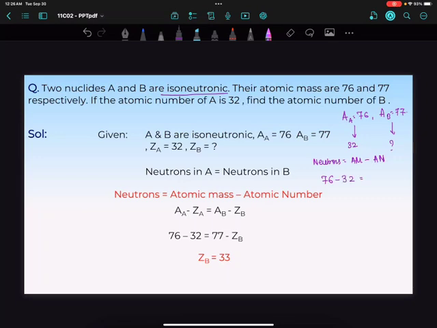We will be equating both, in which here it is 77 minus X. So 76 minus 32 comes to 44, and here it is 77 minus X. So X will be 77 minus 44, which comes to 33. So the atomic number of B will be 33.